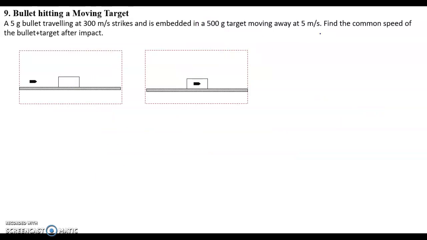Alright, here we go. Now the target is in motion. So we've still got our bullet, v1i equals 300 meters per second, but our target is moving at 5 meters per second. To the right is our positive x direction, so these are both positive. Okay, and we're supposed to find VF, and that's going to be a common VF.